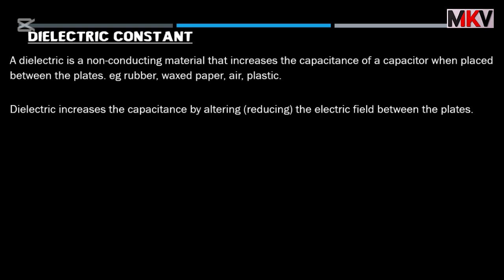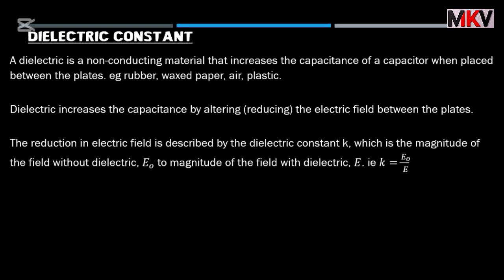The reduction in the electric field is described by the dielectric constant K, which is the ratio of the magnitude of the field without dielectric to the magnitude of the field with dielectric. So K is equal to E naught over E, where E naught is the magnitude of the field without a dielectric and E is the magnitude of the field in the presence of a dielectric.